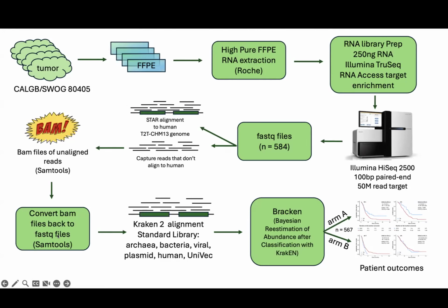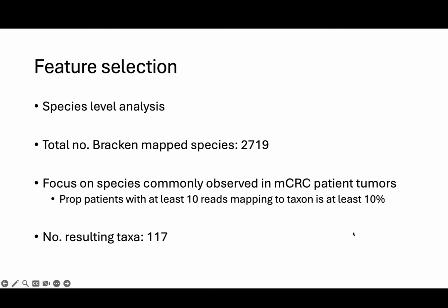So then once we have those isolated contaminants, essentially, we can map them to bacteria and other types of microbiota, and then calculate abundances in patient tumors and relate those to clinical outcomes such as survival.